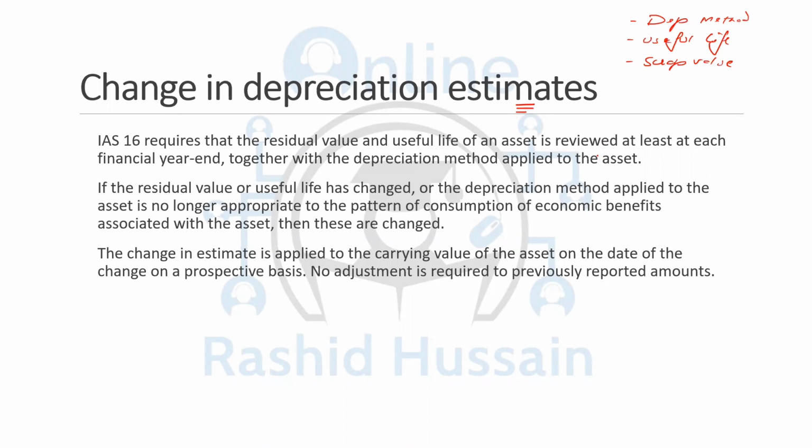For example, initially we decided the asset is going to last for 5 years, but now you have realized that this asset is going to last for 8 years, because even after using 2 years, the asset efficiency remains the same. And now you think that it is going to work for a further 6 years. So are we able to change the useful life of the asset?